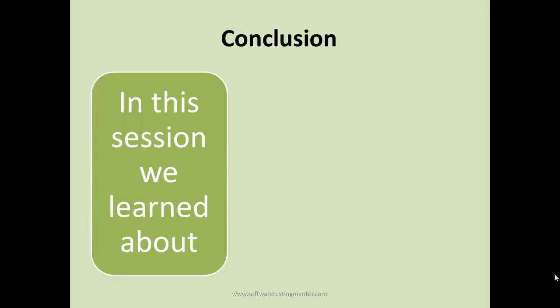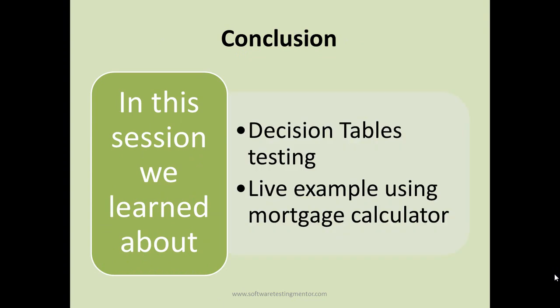So to conclude, in this session we learned about decision table testing, and we saw a live example using the mortgage calculator and how you can use a decision table effectively to test modules whose output varies based on different conditions.